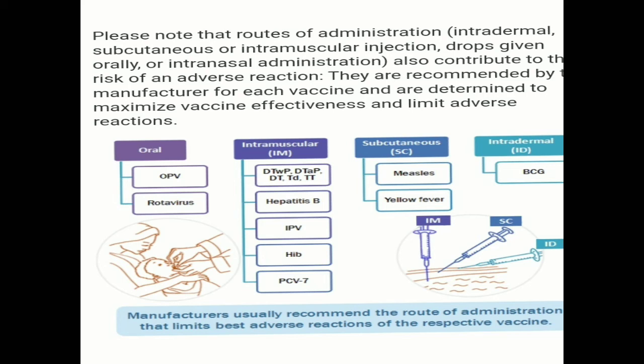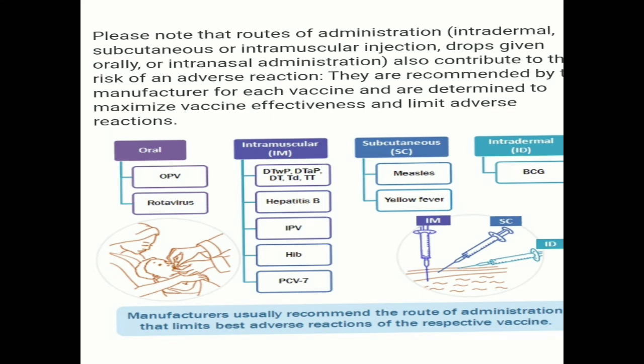Oral polio is a live vaccine but administered through the oral cavity, and rotaviral is also a live vaccine that is administered through the oral cavity. So the injectable live vaccine, mainly the MMR, is injected in the subcutaneous route, in older children the upper deltoid, or in the anterior aspect or lateral aspect of the thigh.